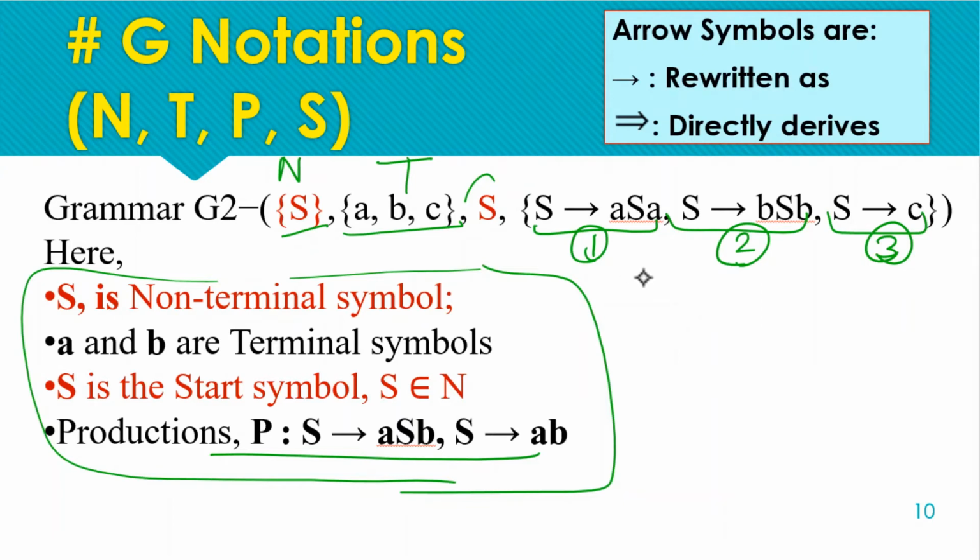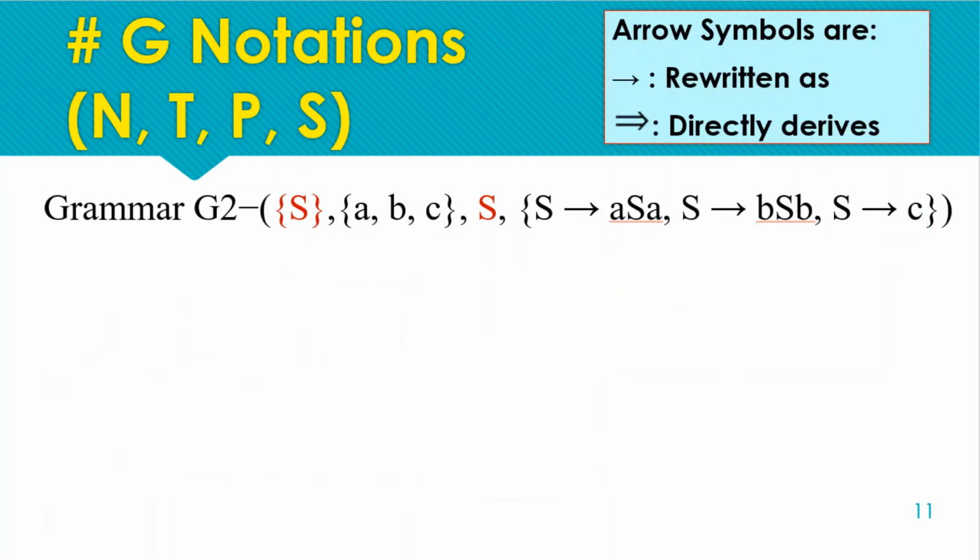The minimum string that can be derived out of this grammar is C, by the application of rule number 3. So let's check for the further options. The minimum string derivable by the application of rule number 3 is C. This is production rule number 1, 2 and 3. So the minimum string is C. Let's check for the further options.